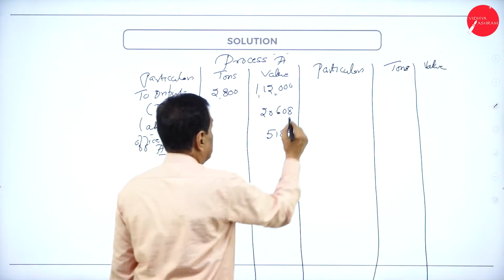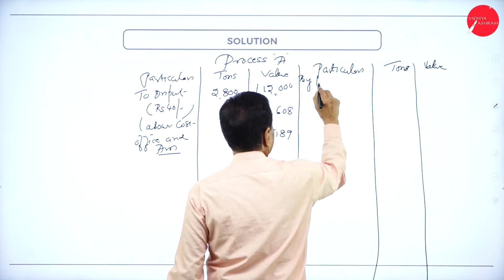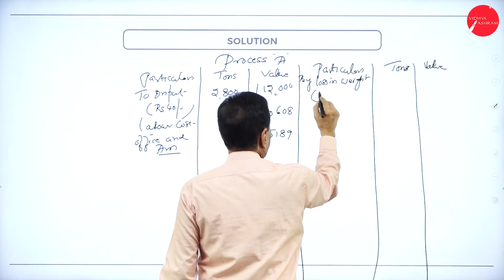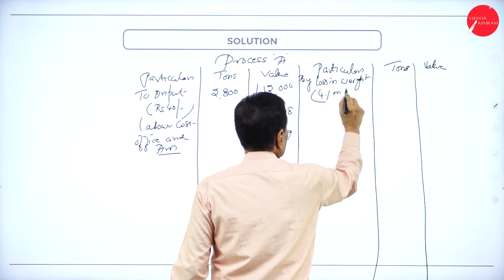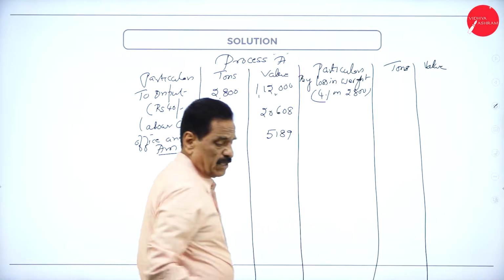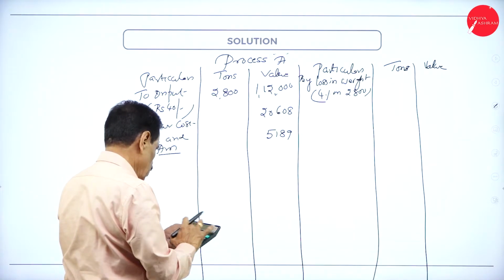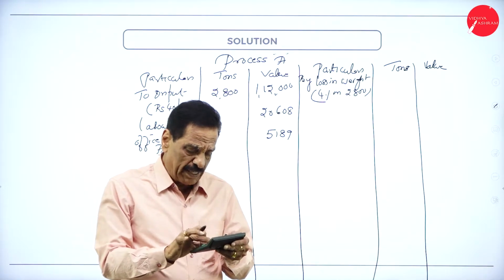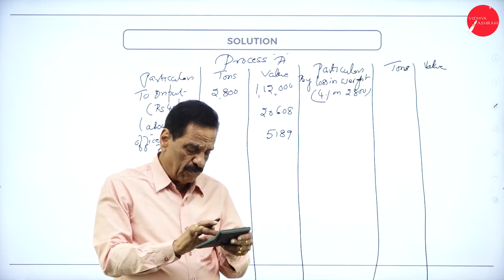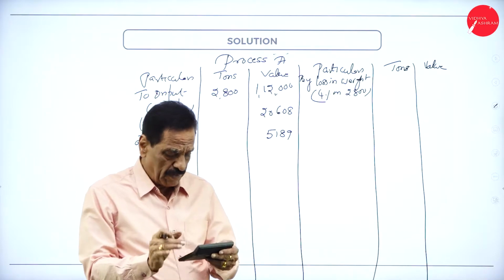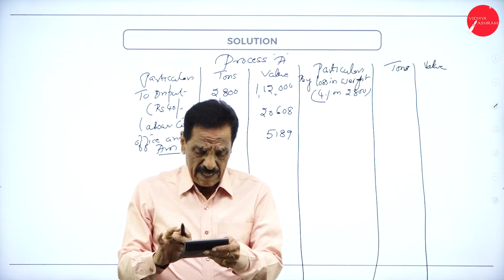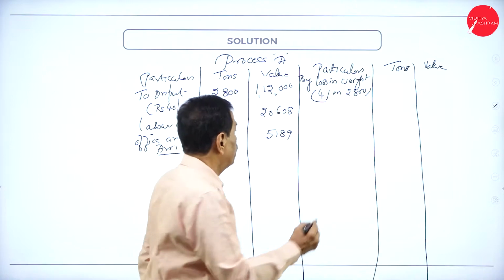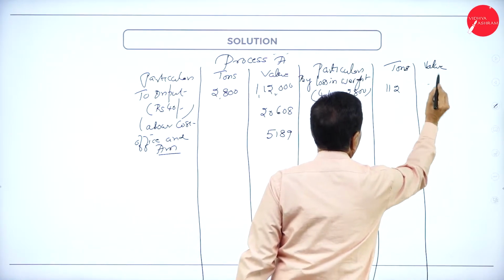By loss in weight, 4% on 2,800, so 2,800 into 4 divided by 100 is 112 units, no value.